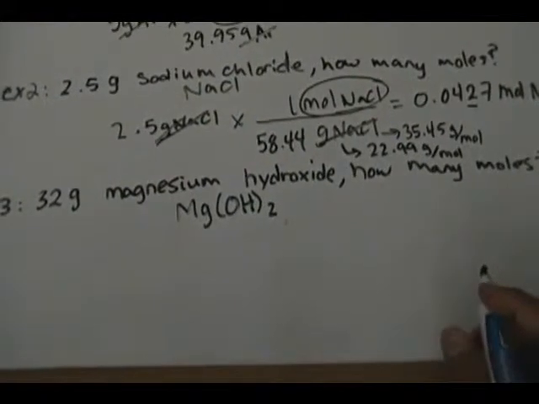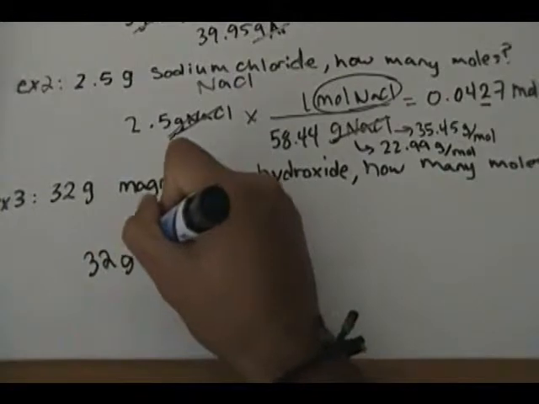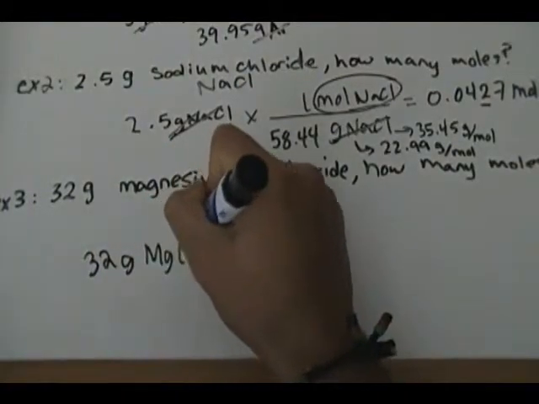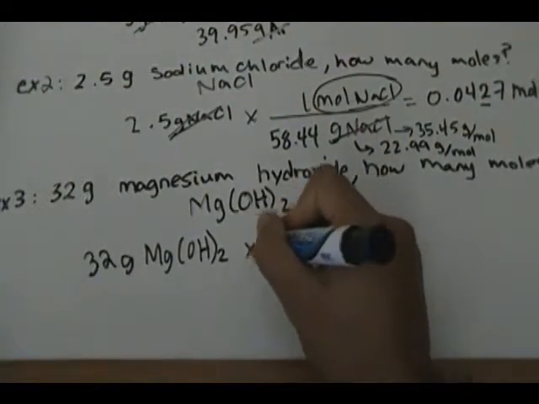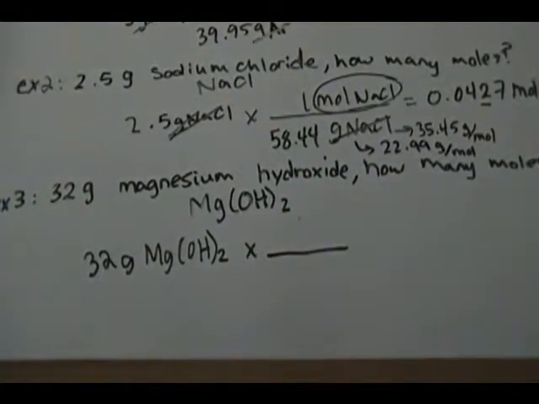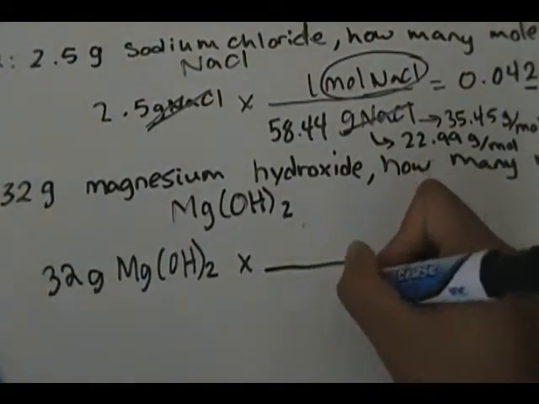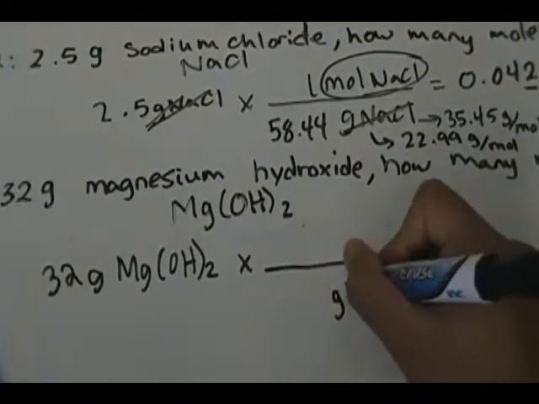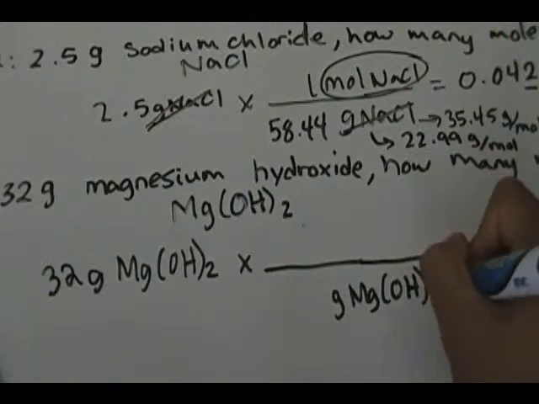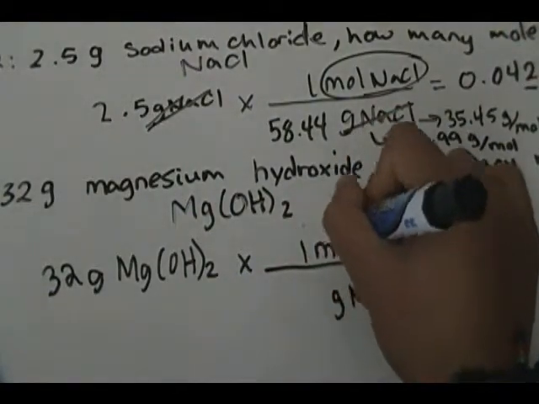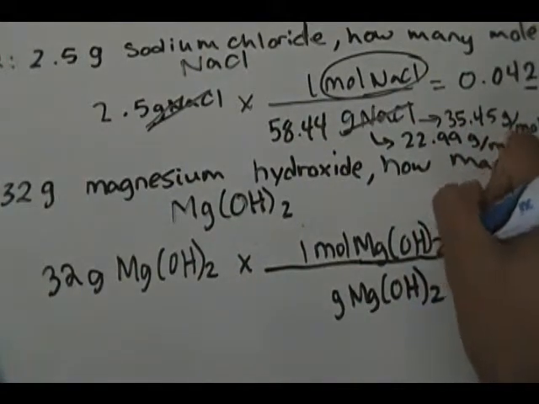So again, we're going to do the same little setup. We're going to put our given, so it'll be 32 grams of Mg(OH)2, right? Multiply it by, zoom in just a tad bit now, the inverted molar mass, so it would be grams of Mg(OH)2 over 1 mole of Mg(OH)2.